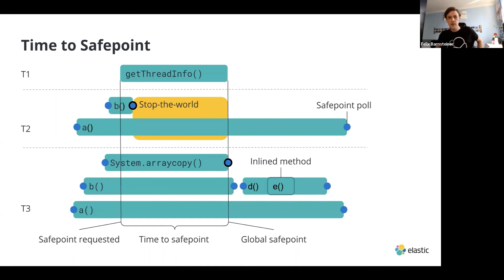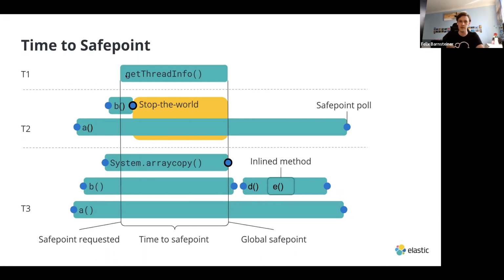So maybe let's look at an example that will, I guess, make things a little bit simpler. In this scenario, we have 3 different threads, T1, T2, T3. And T1 wants to get the stack trace for all of the other threads.